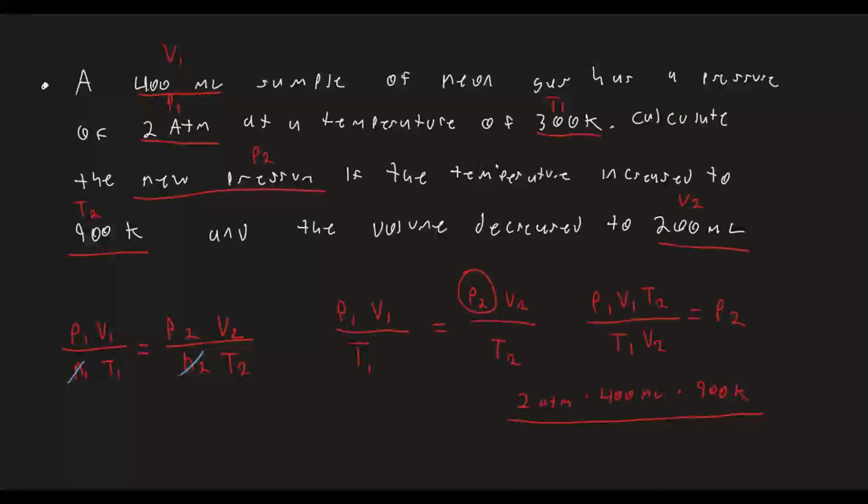Now we just divide that by our temperature 1, which was 300 Kelvin, and multiply that by our volume 2, which was 200 milliliters. And when we punch that math out, we will get an answer that is 12 atmospheres.